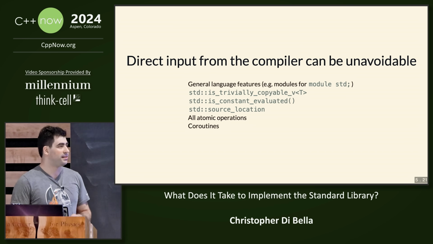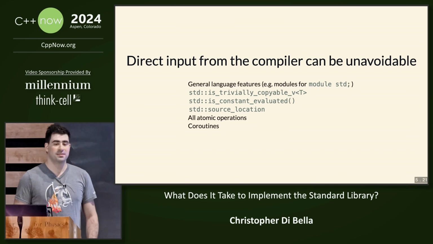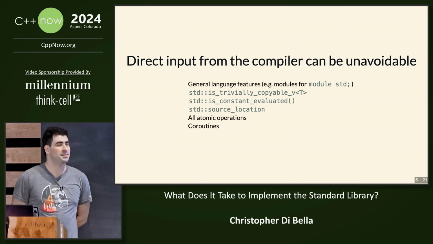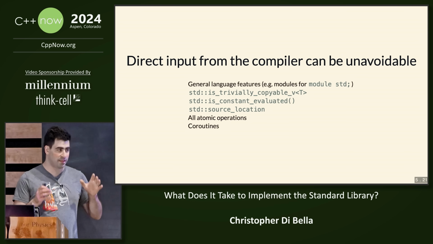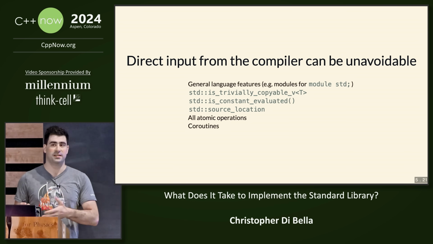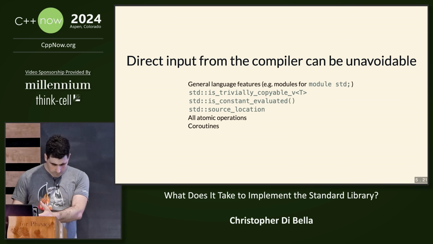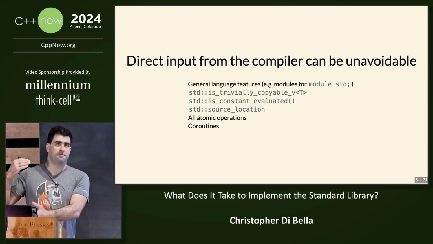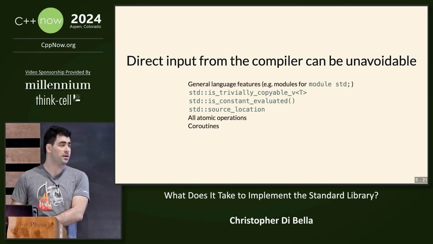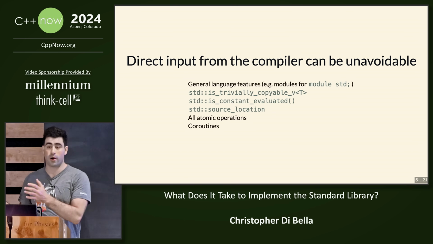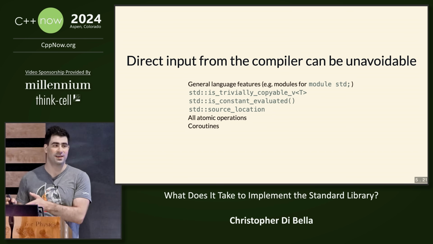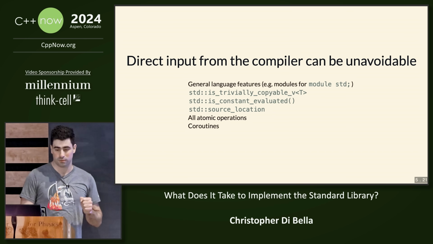Then there's things like is_trivially_copyable, which is a type trait, and that can't be implemented in regular C++ code. It's a property of a type that can't be detected without first querying the compiler. The compiler has the information, the code does not. And the only way to get that information is to use that is_trivially_copyable.